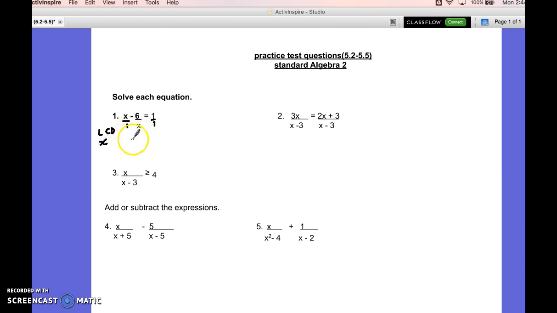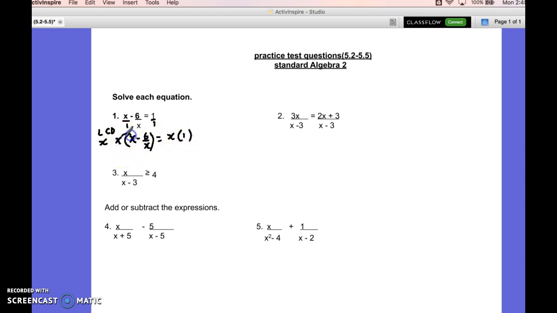Okay? So we're going to take that LCD. We're going to multiply the left side by the LCD and the right side by the LCD as follows. The LCD X will multiply the left side of the equation like this. And also we'll use that LCD X and multiply the right side of the equation like that.